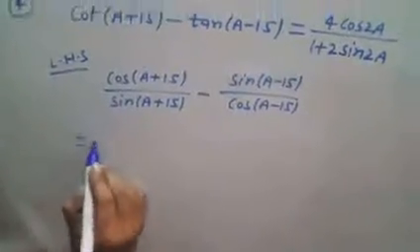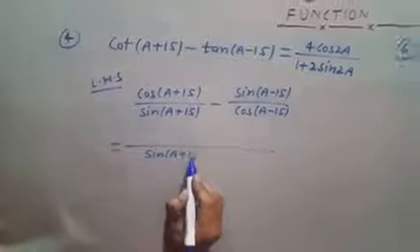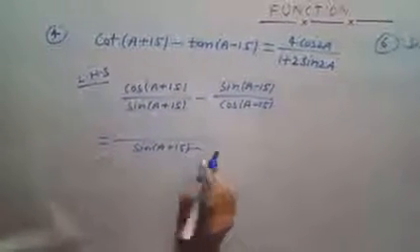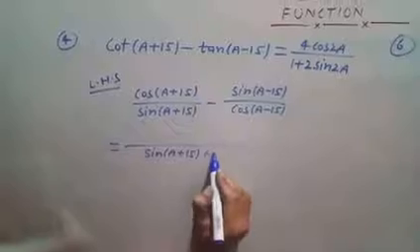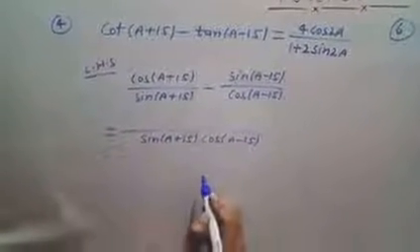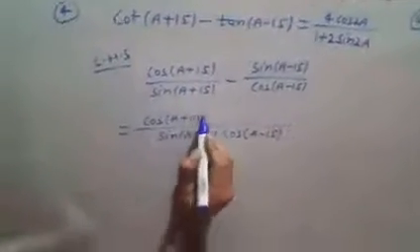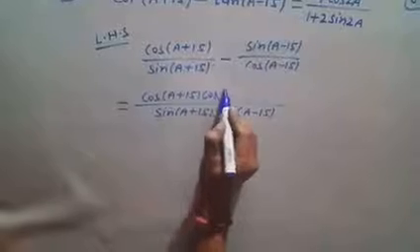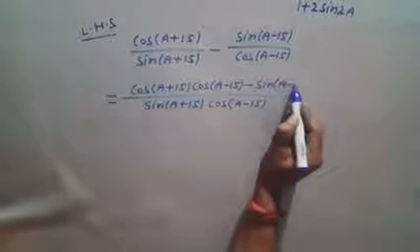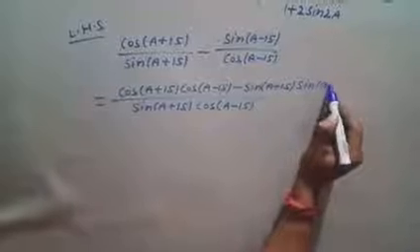So when we take the LCM, sin a plus 15 into cos a minus 15, and here cos a plus 15 into cos a minus 15, minus sin a plus 15 into sin a minus 15.